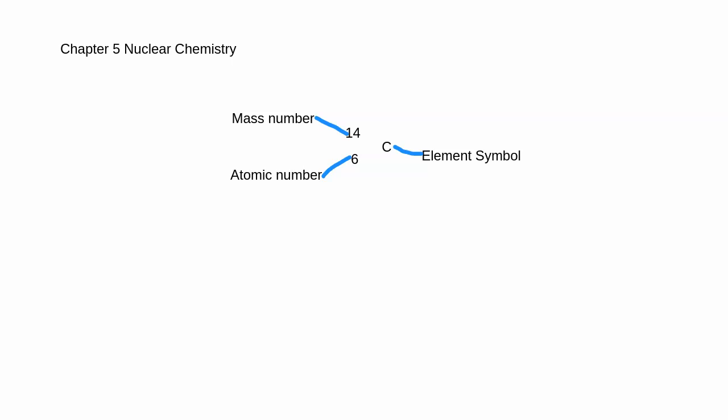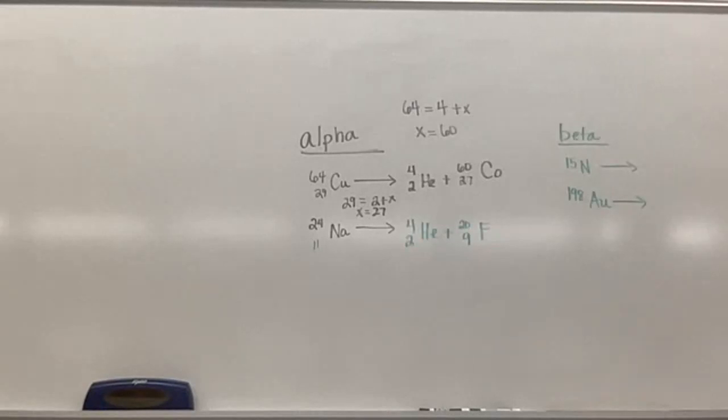Again, when you have alpha decay, what you need to pay attention to is make sure that you notice that your mass number has to go down by 4 and your atomic number has to go down by 2. Now, that's a little different than when we're talking about a beta reaction.